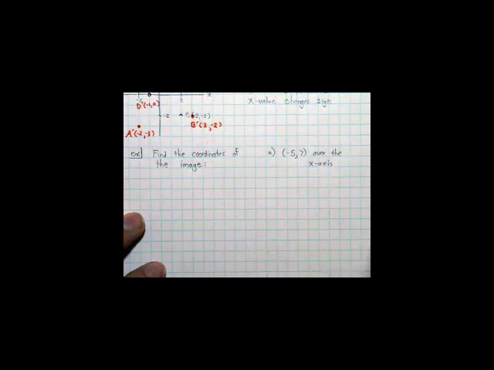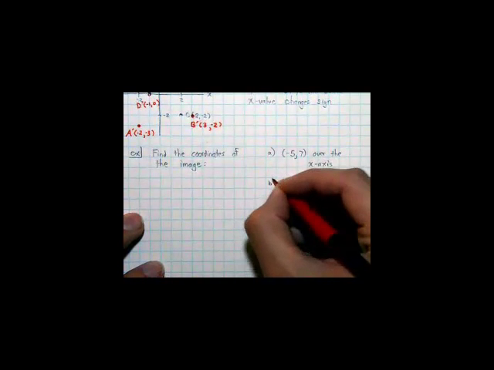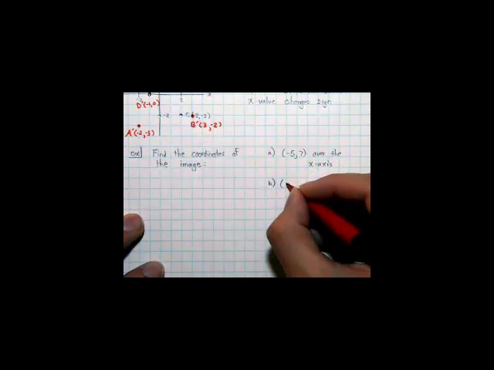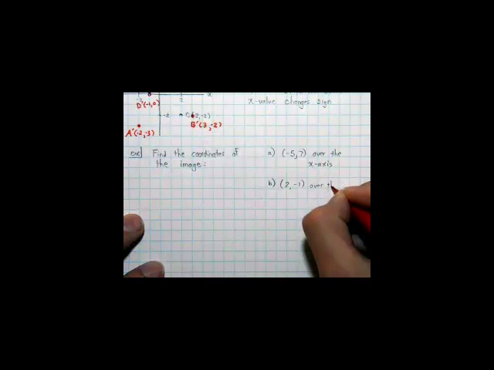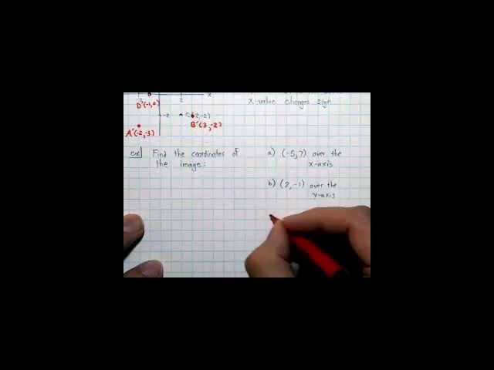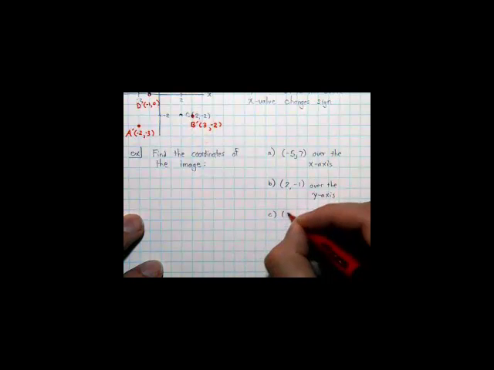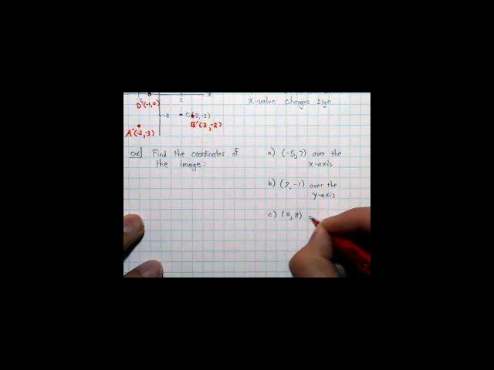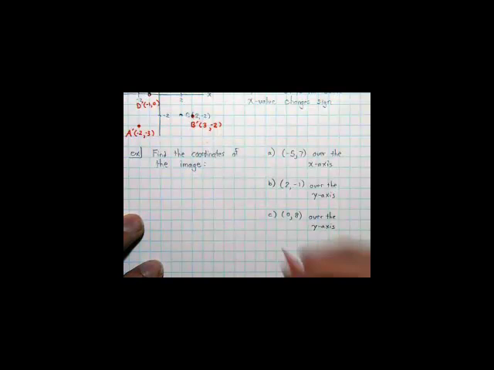Okay, so negative 5, 7 over the x-axis, 2, negative 1 over the y-axis, 0, 8 over the y-axis, and 5, 5 over the x.